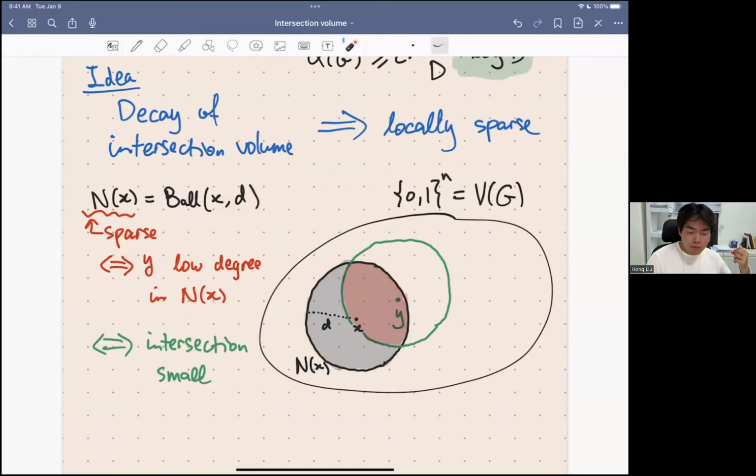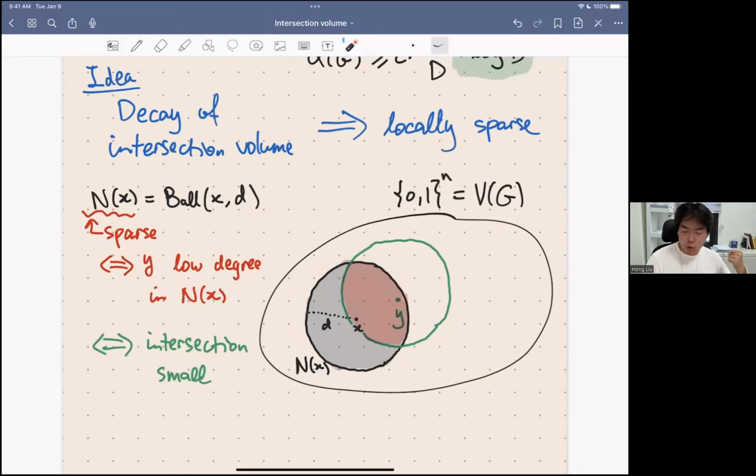Now, what do I mean the neighborhood of x is sparse? That means when you pick a typical point y in the neighborhood, which is inside the ball of radius d around x, y has low degree inside the neighborhood of x. But what is the co-degree of x and y? That means that's exactly, if you think a little bit, the intersection volume of these two balls of the same radius d, center at x and y.